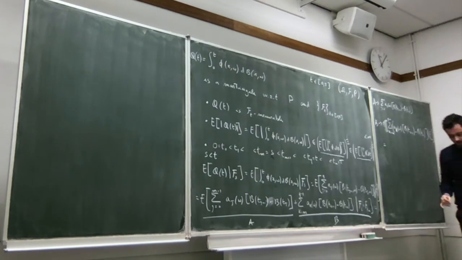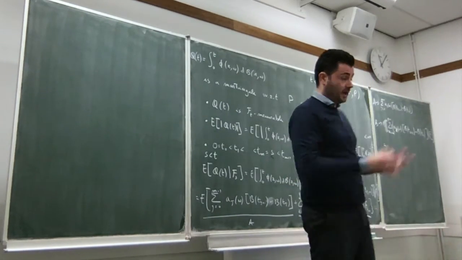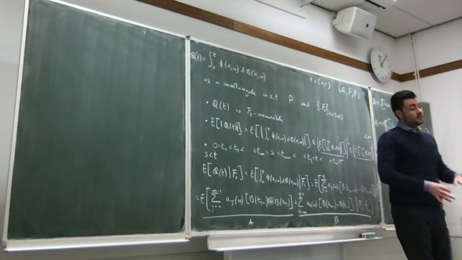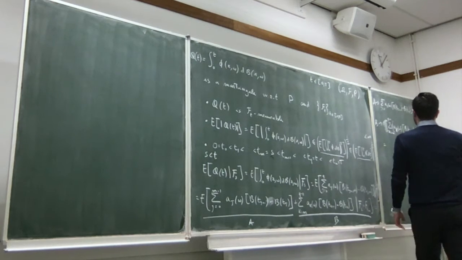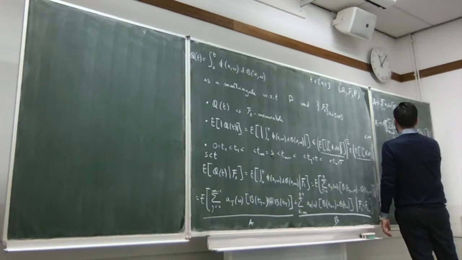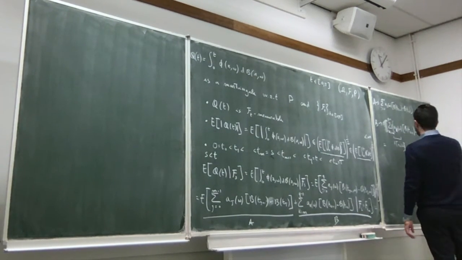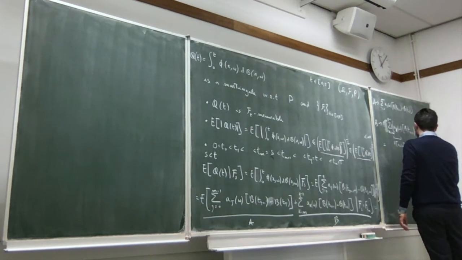But again, thanks to measurability, I can split the expectation of the product into the product of two expectations. One is the expectation of the a_k(omega) term, and one is the expectation of the increment of the Brownian motion.